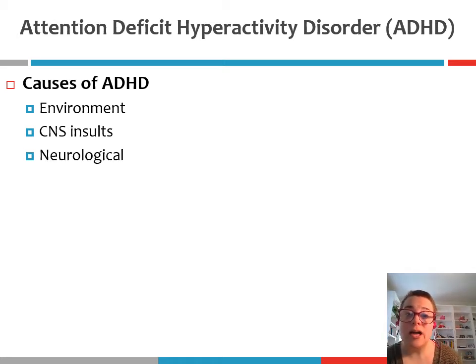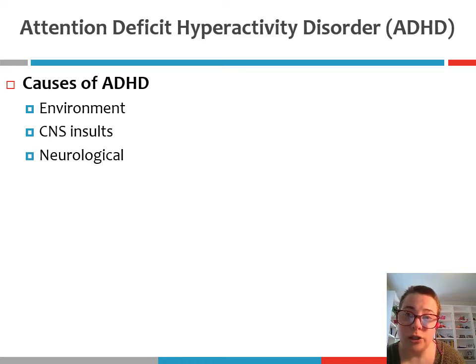Next, neurological symptoms. How do the brains of individuals with ADHD differ from the brains of individuals without ADHD? Well, the predominant disparity is that individuals with ADHD have a reduced or significantly smaller prefrontal cortex, which again makes sense when we think about the impulsivity issues, right?